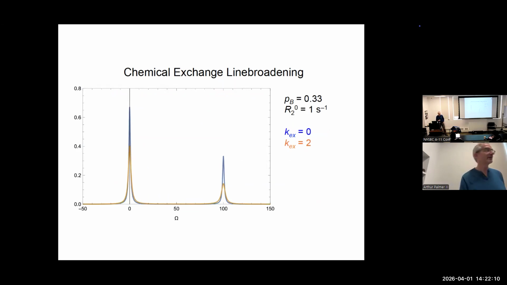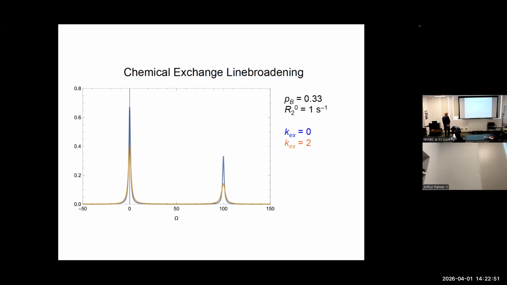One of the things that's interesting, of course, is if the populations aren't equal, suppose the B state has a lower population, the jump rate out of the B state is larger than the jump rate out of the A state. So the minor state is preferentially broadened. That makes it very hard in NMR to find the minor states, because their integrated intensity is the population, but their width is proportional to the jump rate.